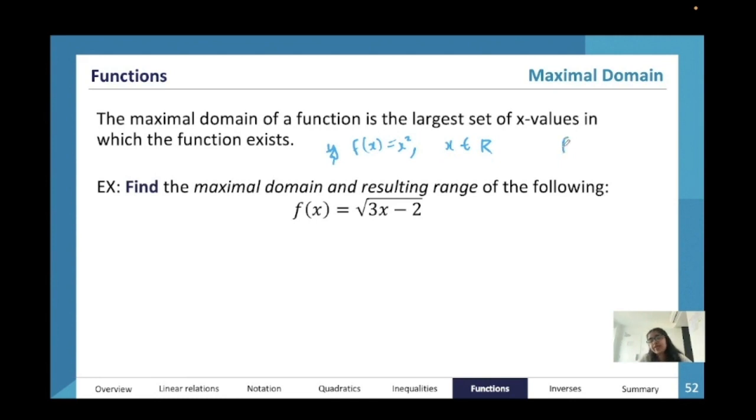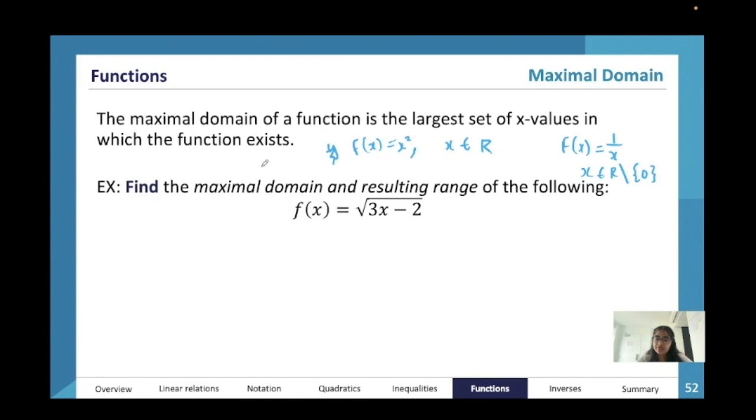But if you say f of x is a hyperbola 1 on x, then x is a subset of all of your numbers except 0. So based on that equation, what values can the function exist for? So that's your maximal domain.